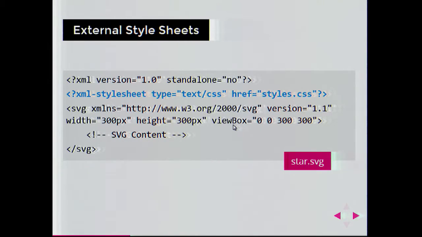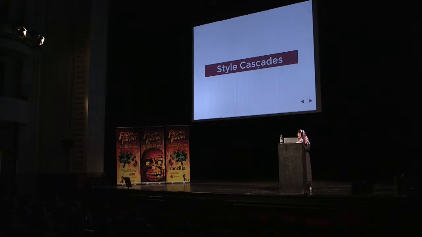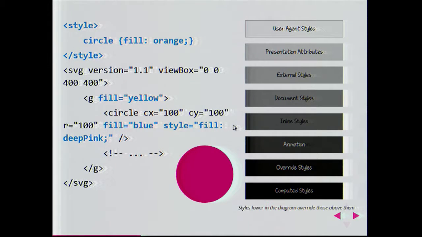Okay? So, style cascades. Presentation attributes are special CSS properties, so they will contribute to the cascade. But how do you know, if you have an element, like a circle in this case, and you apply a fill color using inline styles, a presentation attribute, an external document style, and I have a group here.